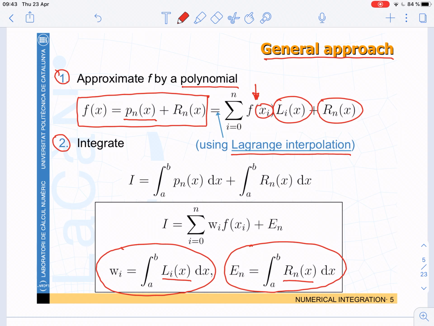Please note how we took scalars f(xi) outside the integral.